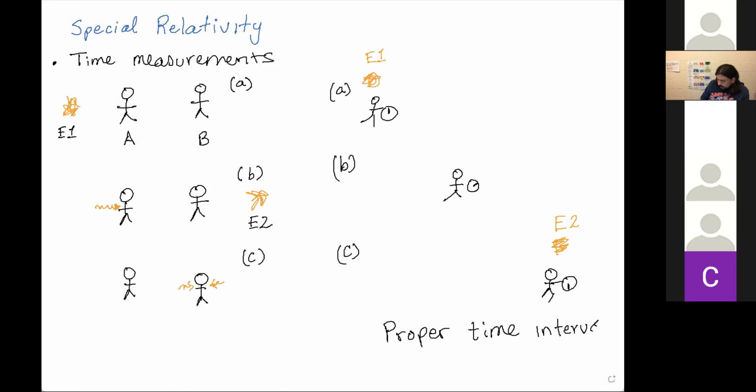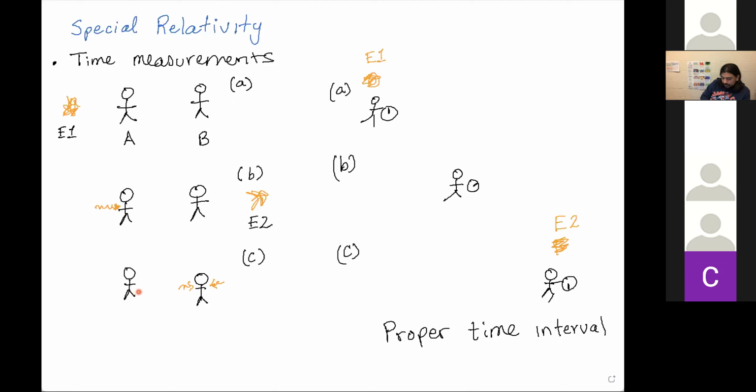And let's compare it with the time intervals that would be measured between events for this particular event 1 and event 2. For this particular person positioned here, let's assume that this is the same unit of time. So it's 0, 1, 2, and then 3 over here would be when this light reaches the sky.